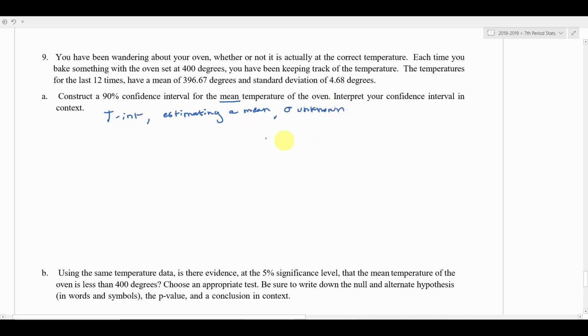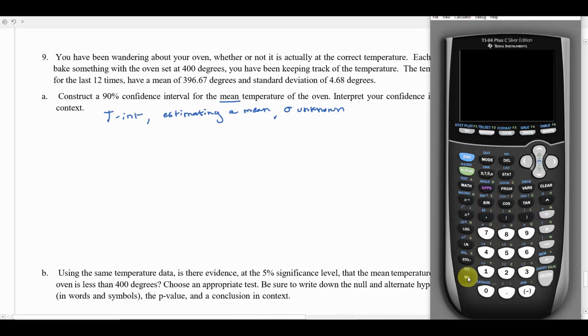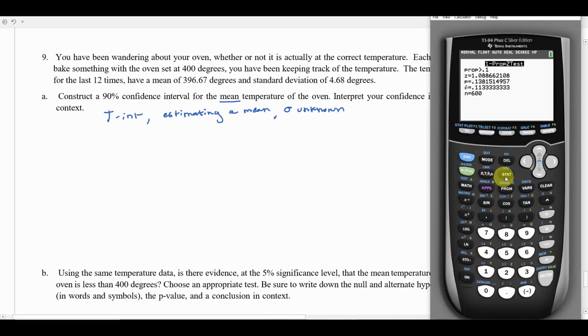All right, so let's do it. And like I said, I'm going to do this on my calculator, the by hand stuff on the answer key. Let's go. Stat, test, t interval is down here at option 8. And I'm going to choose stats this time because they did not give us the raw data for this one.